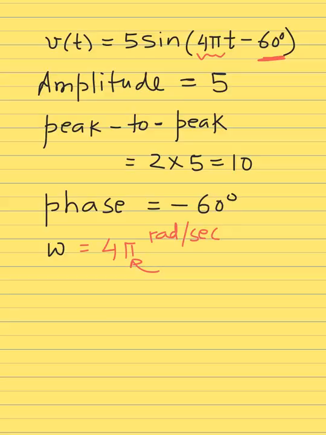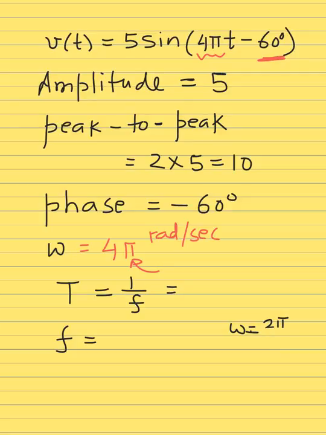Then we need to calculate the time period, the period T. The time period is 1 over frequency, and I did not calculate the frequency yet. So the next part is to calculate frequency. Omega is 2 pi f. Omega is 2 pi f. So your frequency is... Oh, sorry, my apologies.